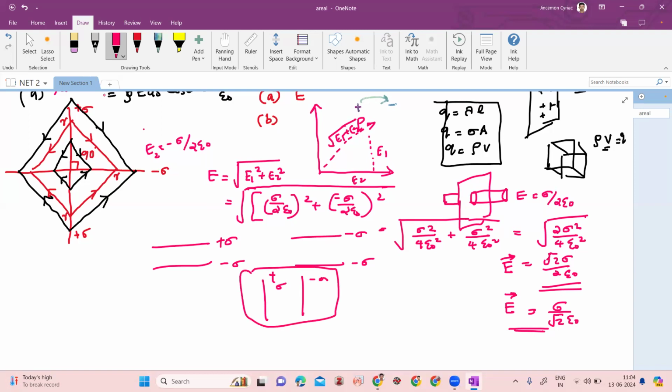Just consider the concept: if it is positive, the field lines start from it and go outward. If it is negative, the field lines come into that negative sheet or plate.